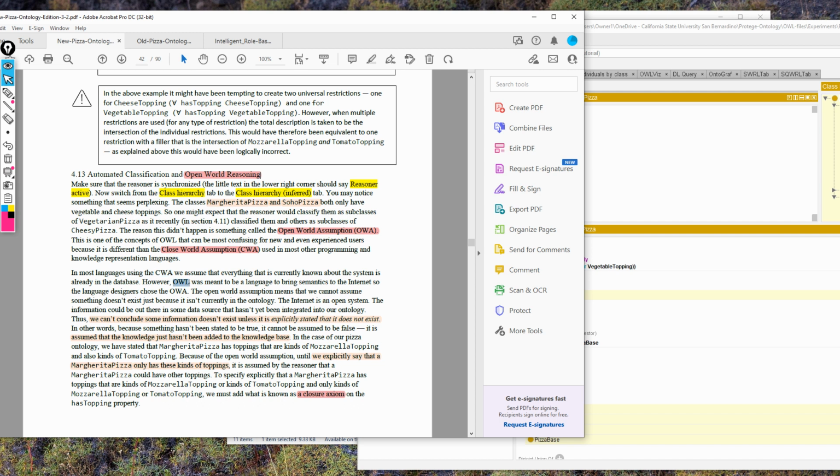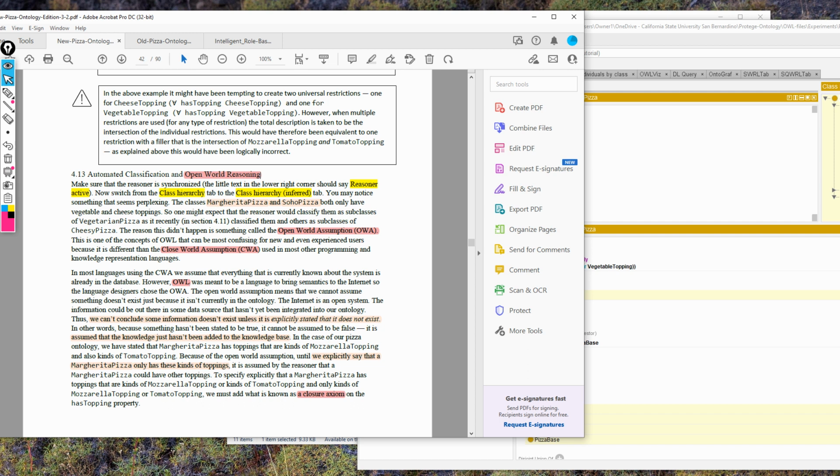However, OWL was meant to be a language to bring semantics to the internet. So the language designers chose the OWA, the open world assumption, meaning that we cannot assume something does not exist just because it is not currently in the ontology.